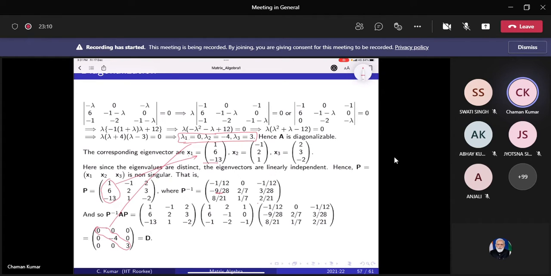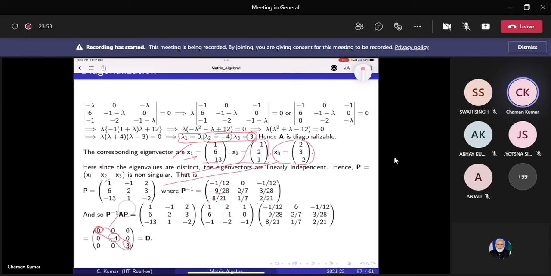That is why the first entry in the diagonal matrix is 0. The second column in P is the second eigenvector, which corresponds to the eigenvalue minus 4, so you get minus 4 here. The third column of P is the third eigenvector, and the corresponding eigenvalue is 3, so the third diagonal element is 3. So it is in the same order, right?